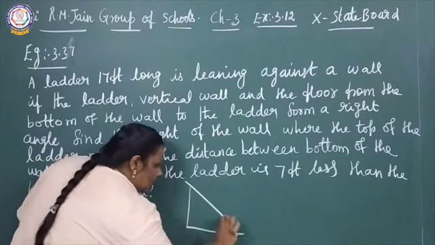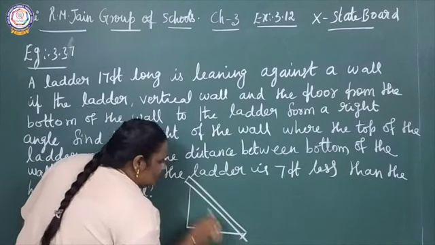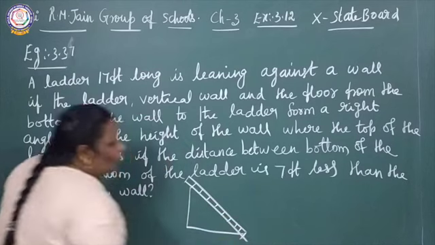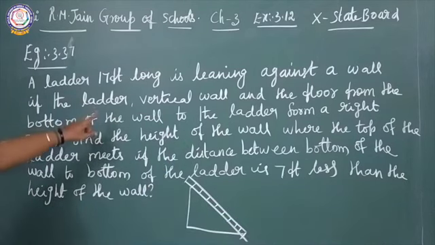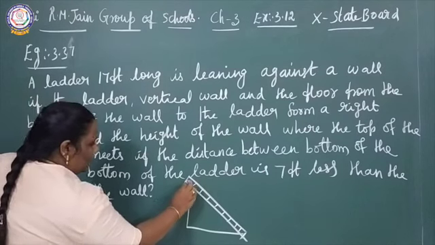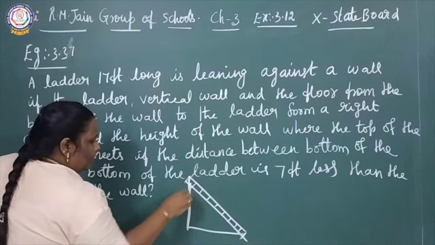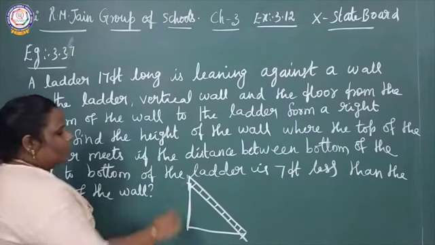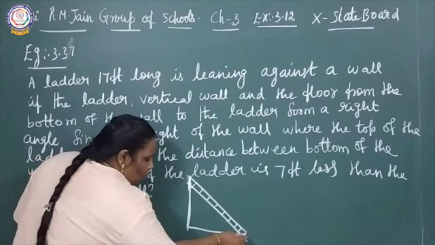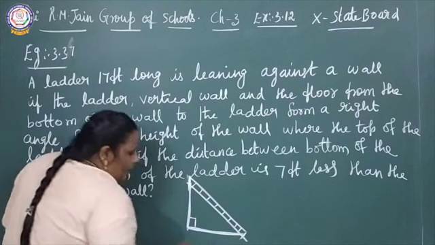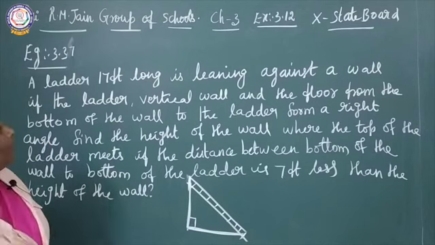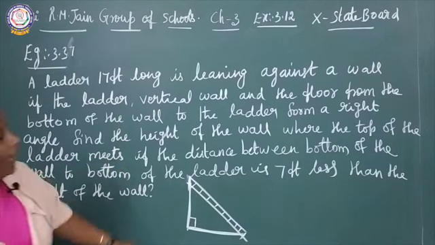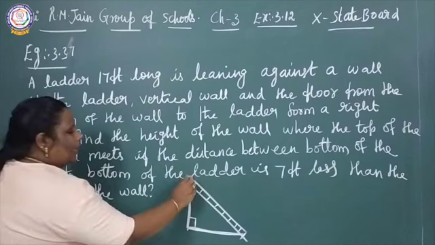The vertical wall and the floor, from the bottom of the wall to the ladder, form a right angle. Find the height of the wall.